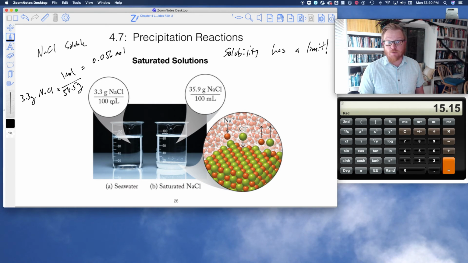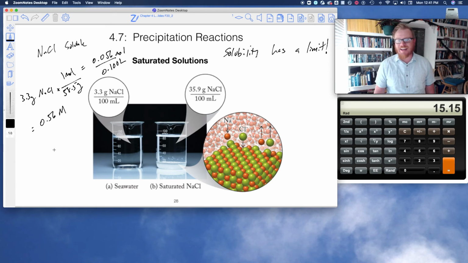And that's 100 milliliters. So if I now divide that by 0.100 liters, okay, then I get 0.56 molar sodium chloride in seawater.